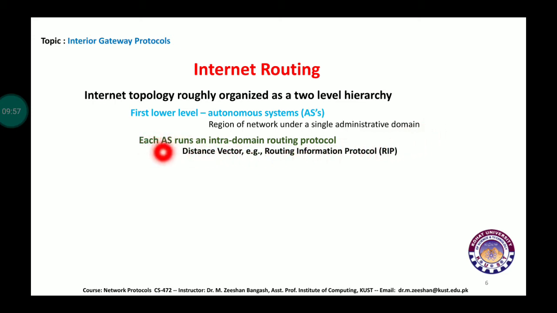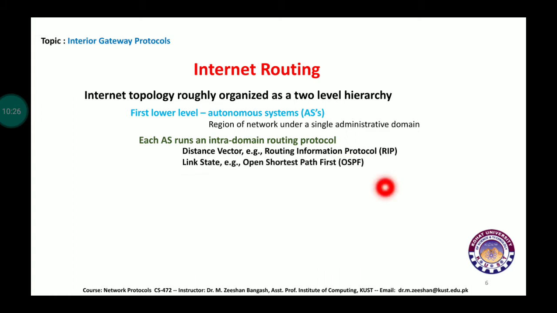Each autonomous system has an independent intra-domain routing protocol. So different autonomous systems within a network might run different routing protocols. One of the intra-domain routing protocols is basically RIP, which is a distance vector routing information protocol.